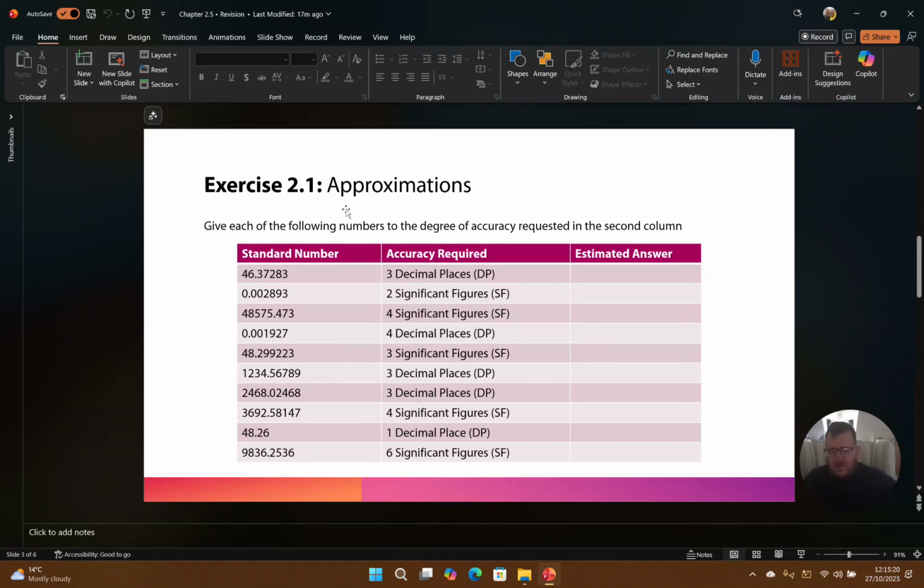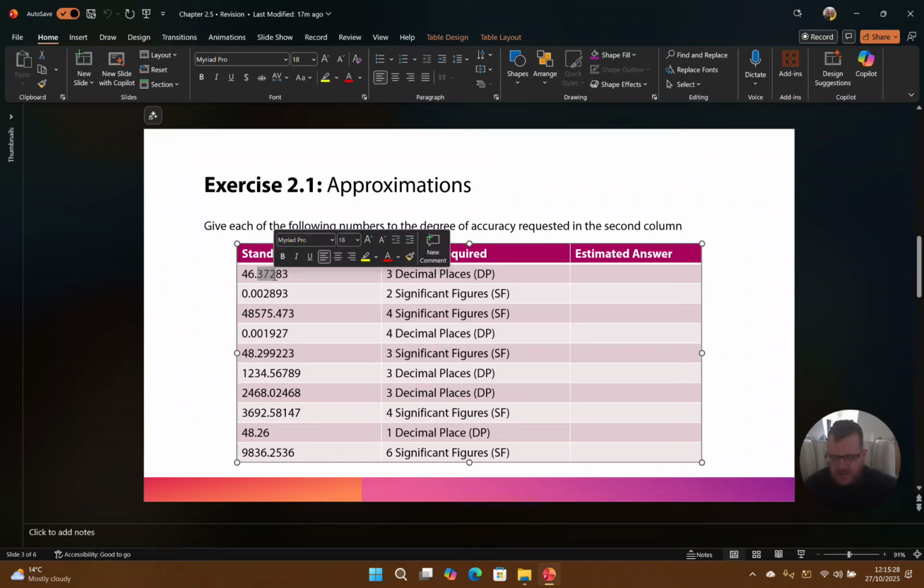Let's start with approximations. Now this one wants 3 decimal places. So I'll bold that, and then we will underline the 4th number. So we'll go 46.